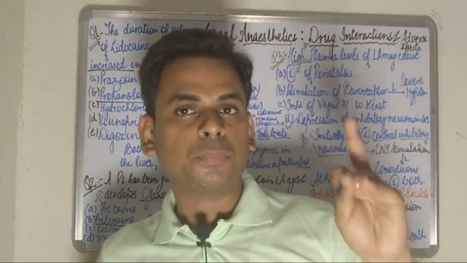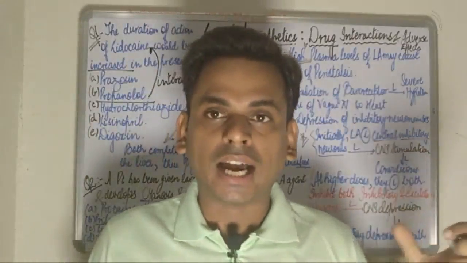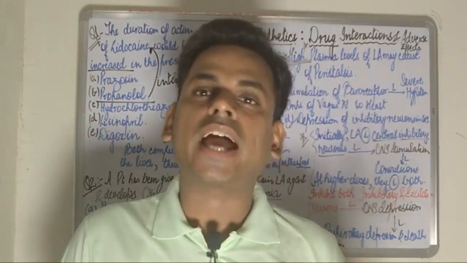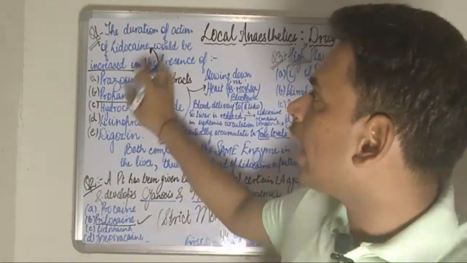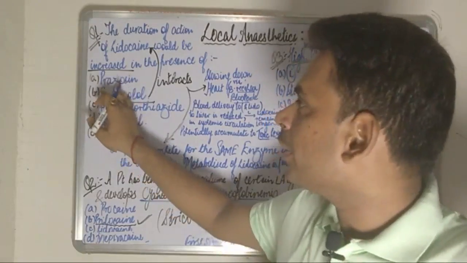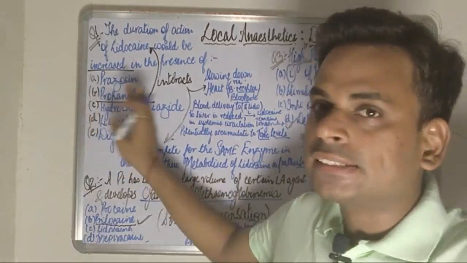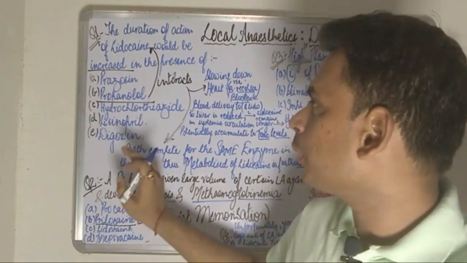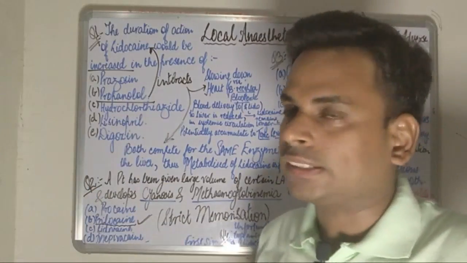Here in this question they are asking you about the drug interaction of the local anesthetics. The options they have provided are: the first option prazosin, the next propranolol, the third hydrochlorothiazide, the next lisinopril, and the final digoxin.